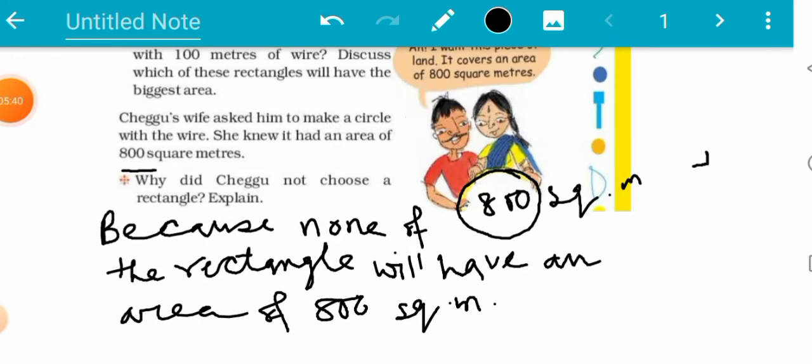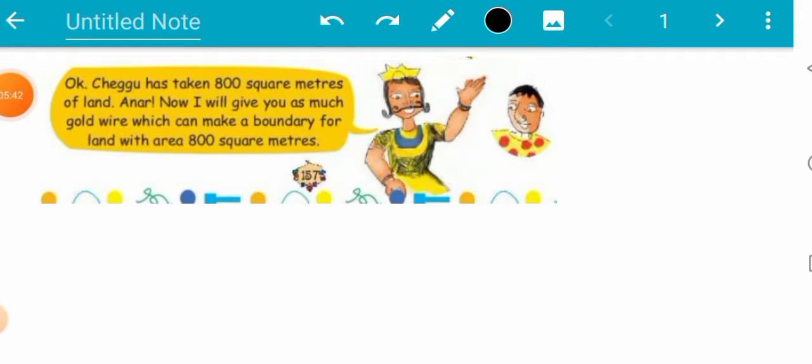So, okay. The king said, okay, Chegu has taken 800 square meters of land. Anar, now I will give you as much gold wire as can make a boundary for land with an area of 800 square meter.